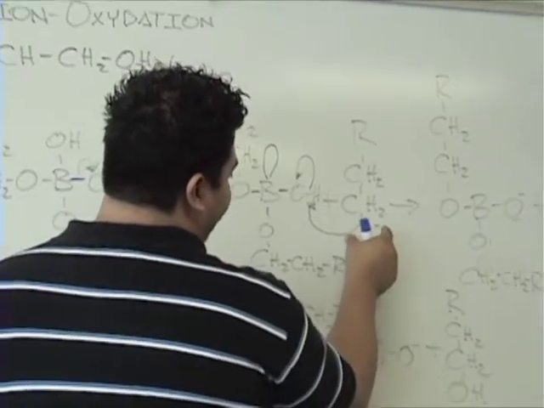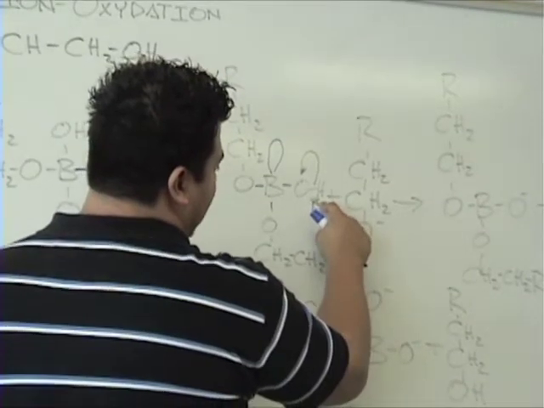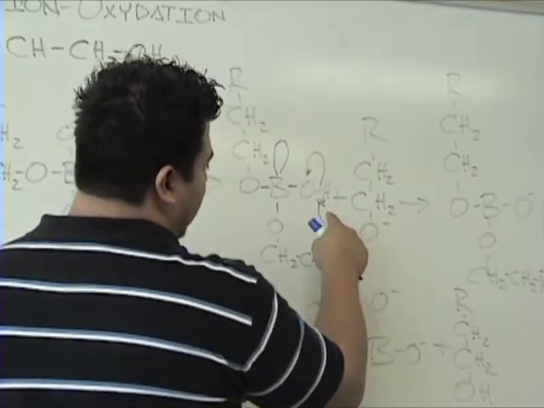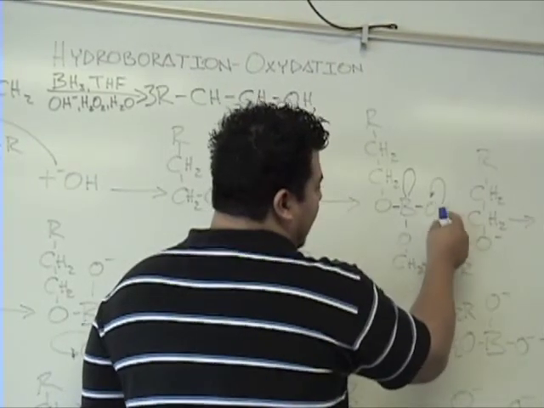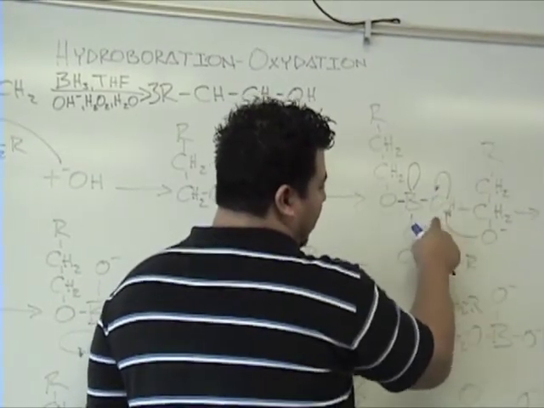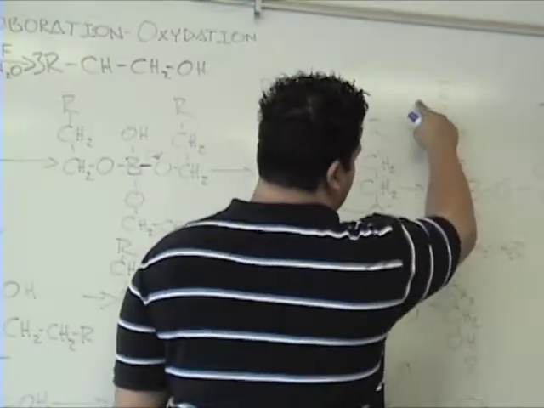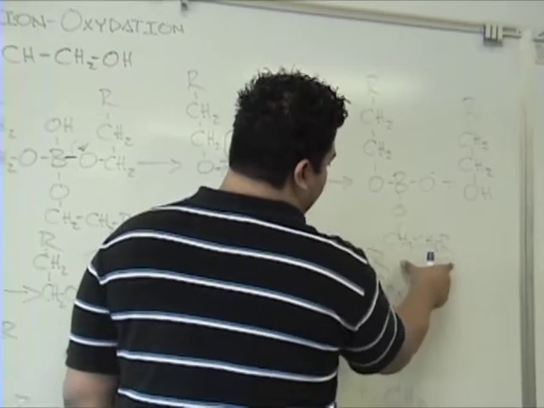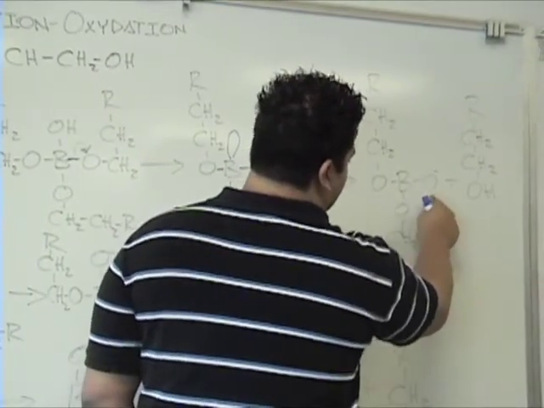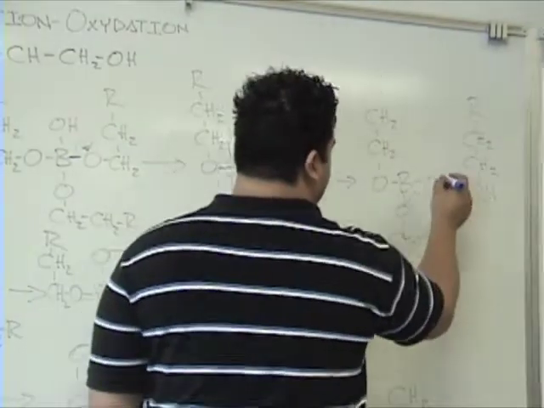So the O minus is going to attack the hydrogen in the OH group that we added here. And then the electrons in the bond are going to go to oxygen. And we will get this, our molecule to the boron, and then another molecule, and then we get O without the H, formal charge negative.